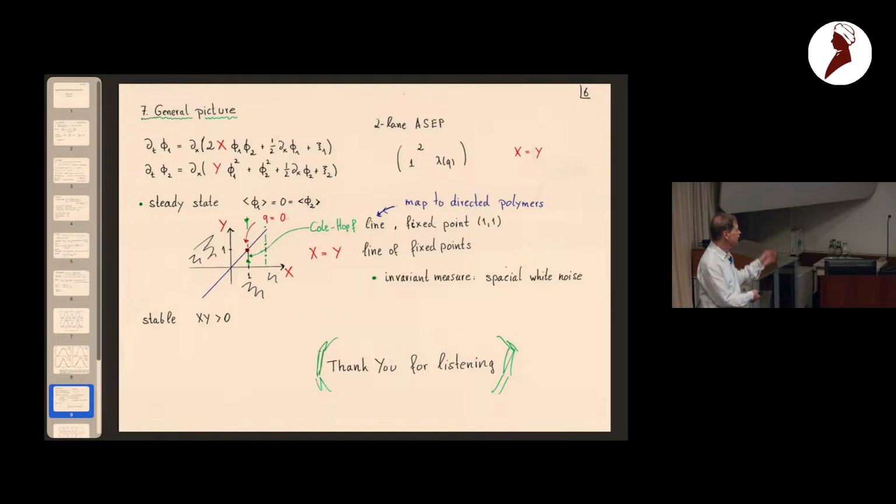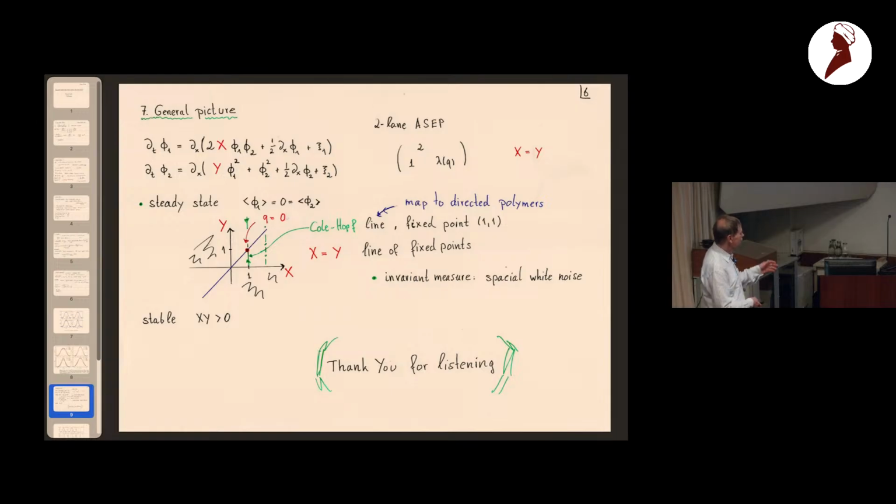We had a somewhat simplistic theory, which claims that what happens is the same as in the Cole-Hopf line. When you're here, you move along the line for this given x and then end up on the diagonal.